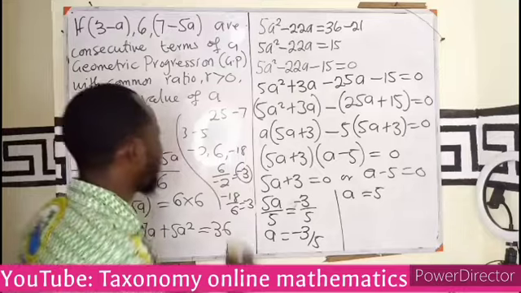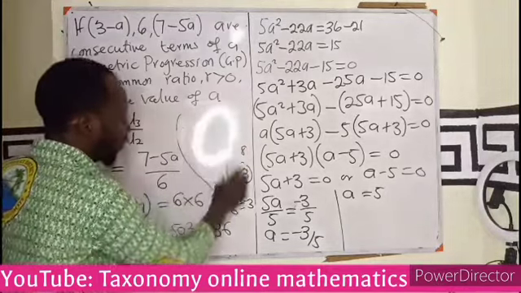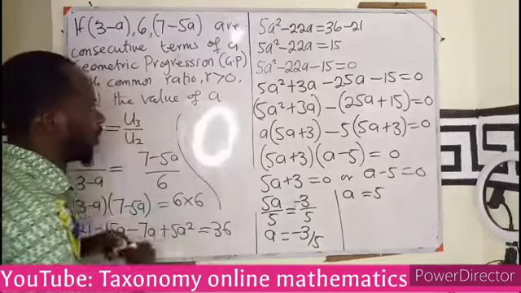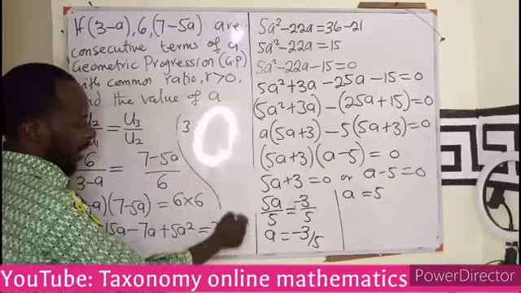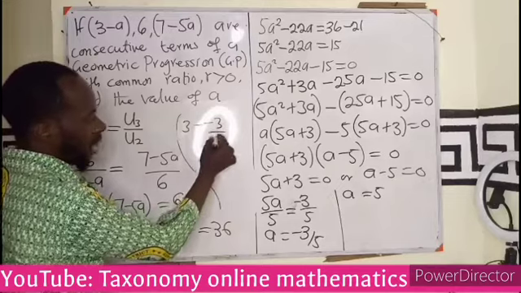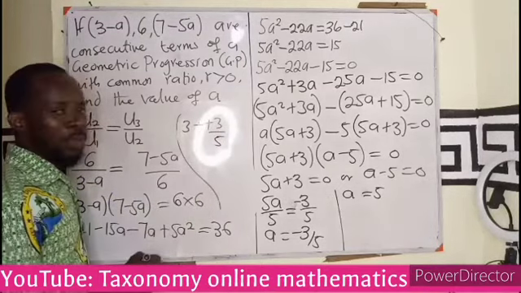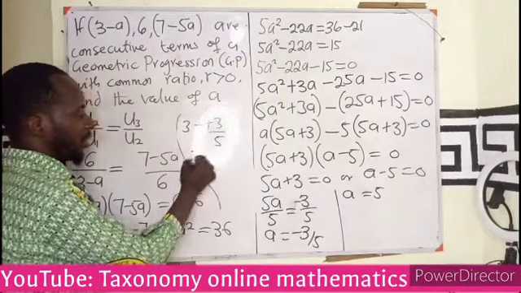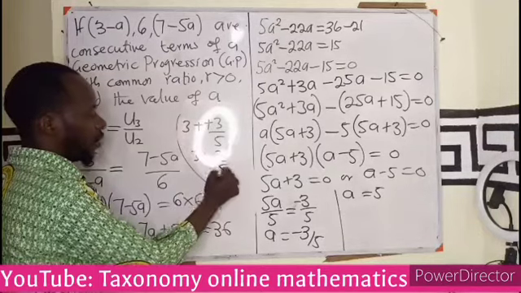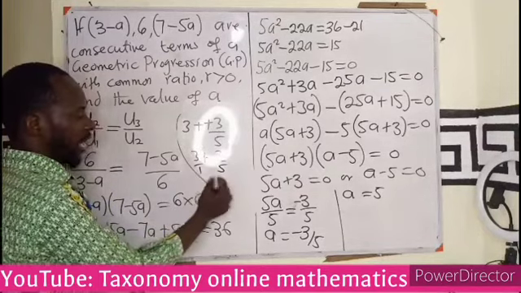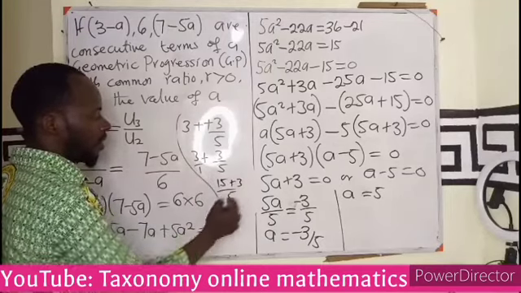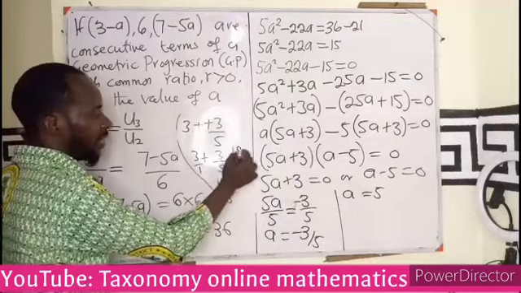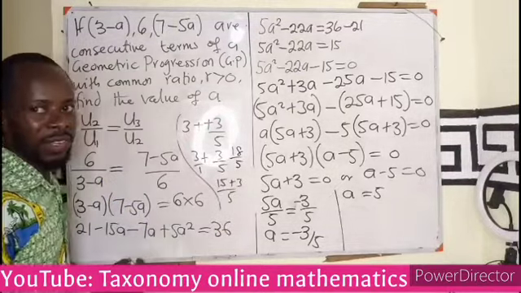But let's see. If you want to try that, then it's going to be 3 minus a, which our a is minus 3 over 5. So I get a positive value. We're having 3 plus 3 over 5. So this time this, 15 plus 3 all over 5. I get 18 over 5 as positive.